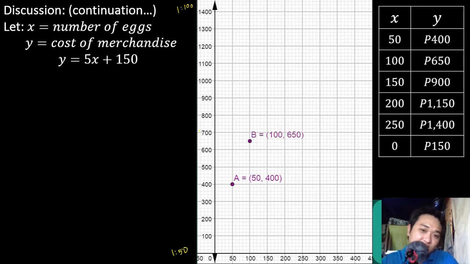So this will be the cost of merchandise, and this is in pesos. Ito namang nasa baba, this is the number of eggs delivered.